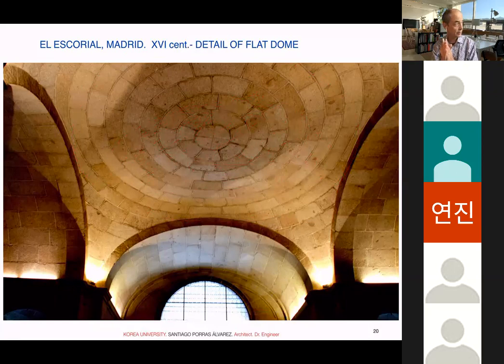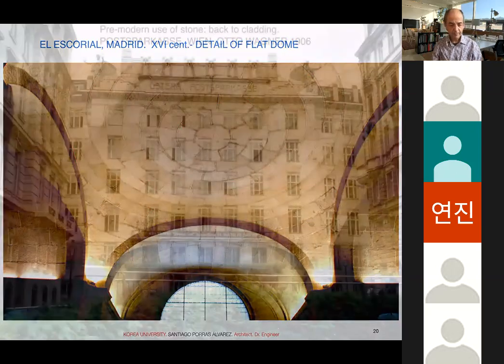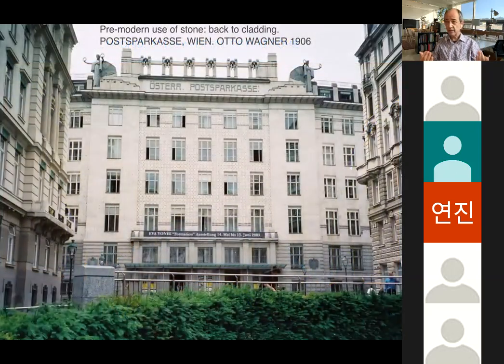So the technology in that case, I think this is also one of the amazing elements of this building. And there's not much actually between Greek perfection, and the Gothic structural achievement, and then this refinement of the Renaissance. The use of the stone remained the same.